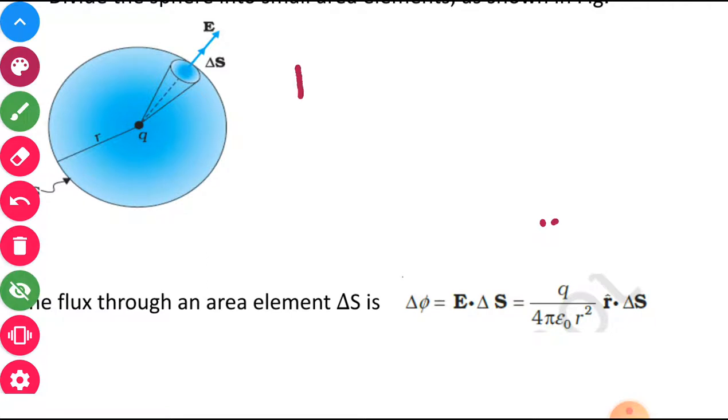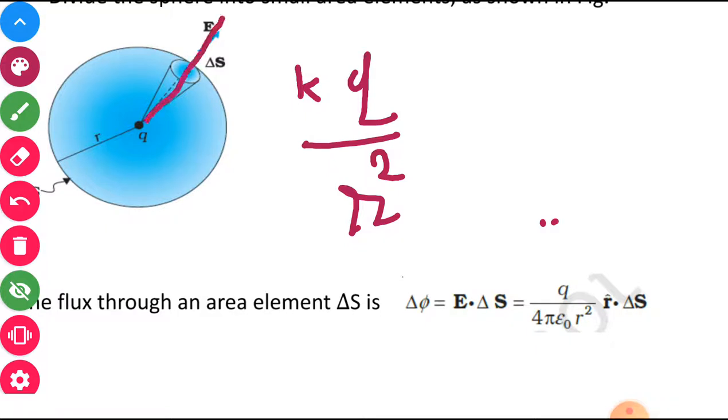I am not writing 1 upon 4 pi epsilon 0 just now. kq upon r square. This is the magnitude of electric field. It is going outward. That is the direction, in the direction of radius, or we can say radial direction.